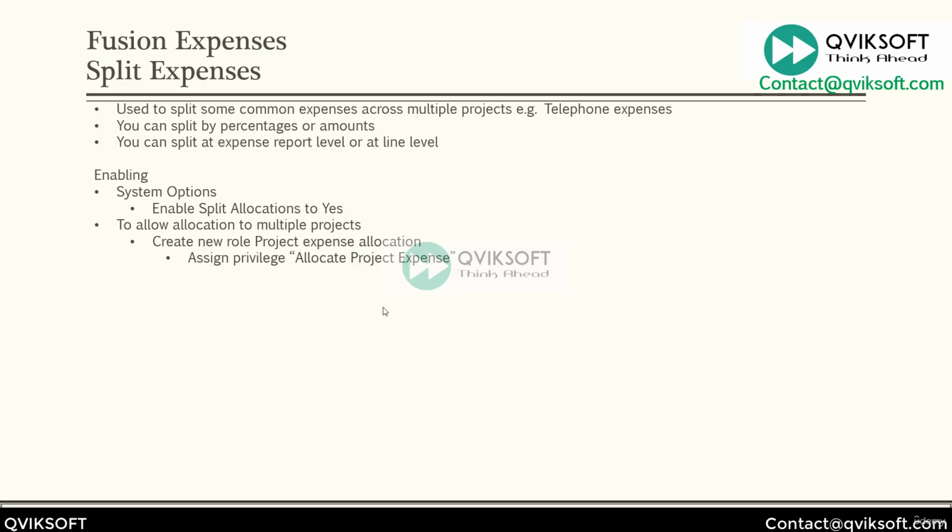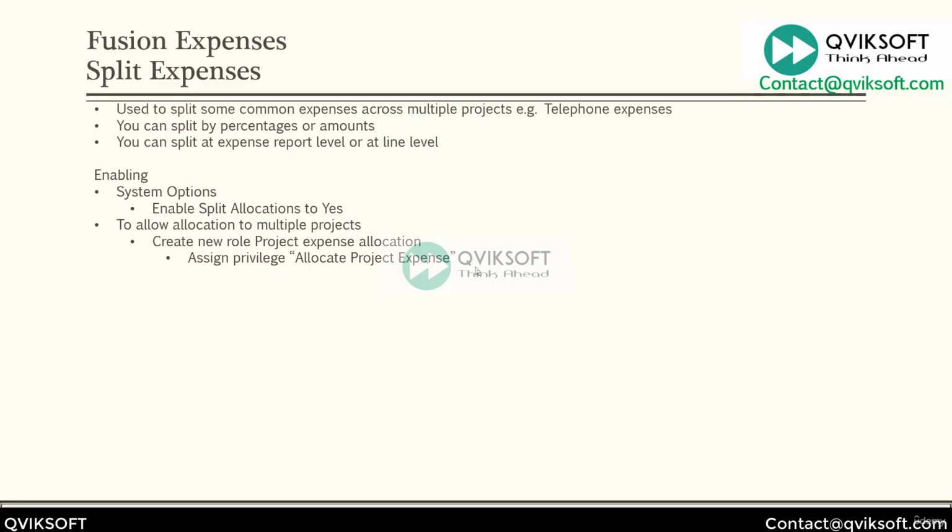If you want to allow users to split against multiple project tasks and organizations, then you should assign a privilege called allocate project expense. If you want to allow this to everybody, then you can attach this privilege to whatever employee role you have. That means that whichever user that employee role is assigned to will get this privilege.